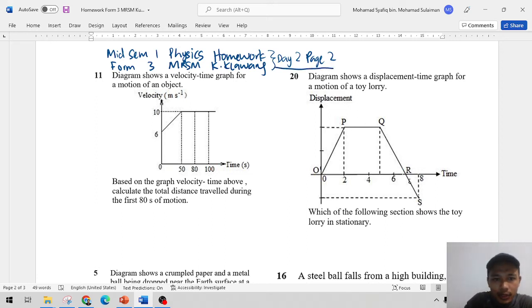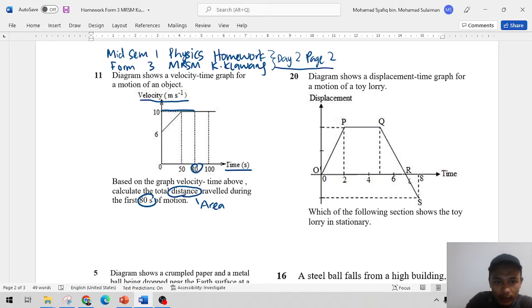So, the first question asks, we have a velocity versus time graph. From this graph, we want to find distance, so it will be area. Why area? If we want the distance for 80 seconds, so here is 80 seconds.